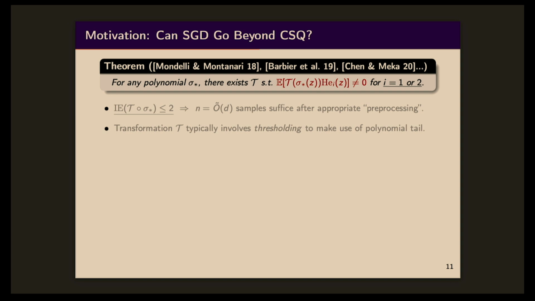Of course this is something you cannot do with a correlational query because you have to apply a transformation to y. But it is well known that if you find the right transformation T, then for any polynomial link function, I can reduce the information exponent to at most 2. These transformations are typically constructed using certain thresholding operations, to focus on the tail of the polynomial.